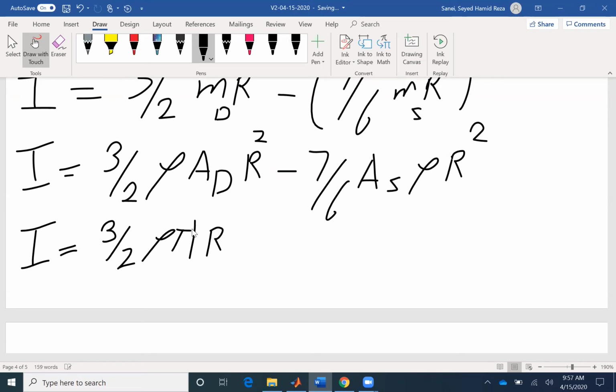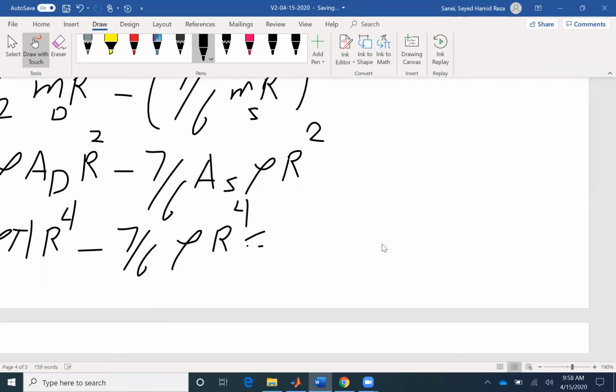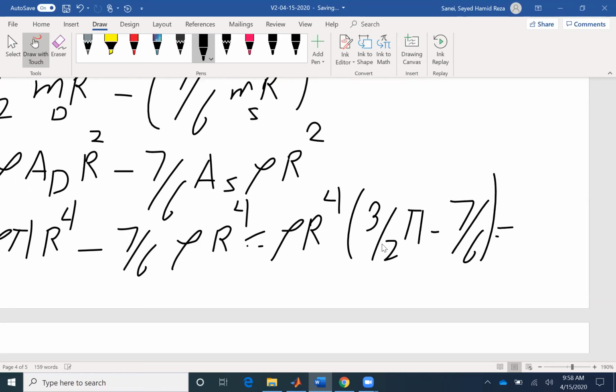I have r squared here, another r squared would be r to the fourth, minus 7/6. I have rho, and then A_S, the area of my square, is r squared because each edge is r, so that would be r to the fourth as well. So I can simplify my equation here. Now rho r to the fourth times (3/2 pi minus 7/6).